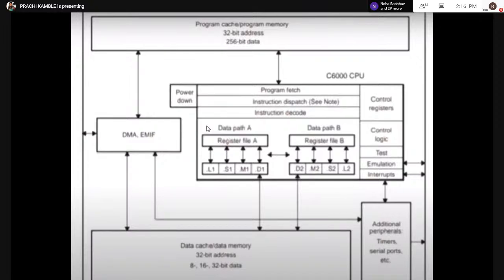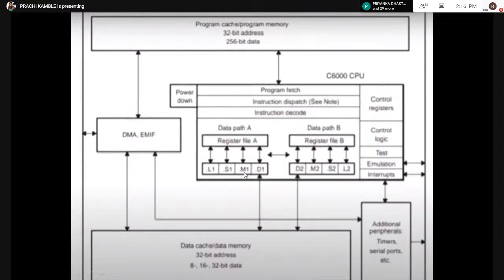So it performs ALU operations, arithmetic logical unit operations. There are L1, S1 and D1, the registers for performing arithmetic operations, and in register file B, the registers are D2, S2 and M2. So here you can see there are 3 plus 3, total 6 ALU registers.